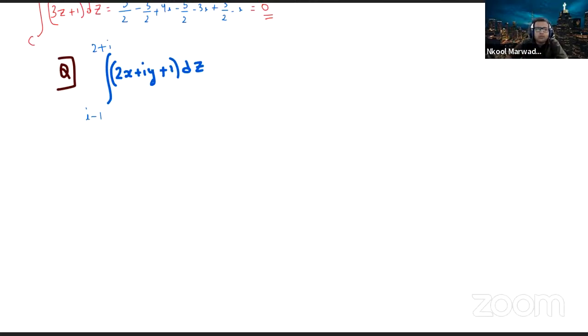Now see, we know that in this equation z is 2x plus 1 plus i.